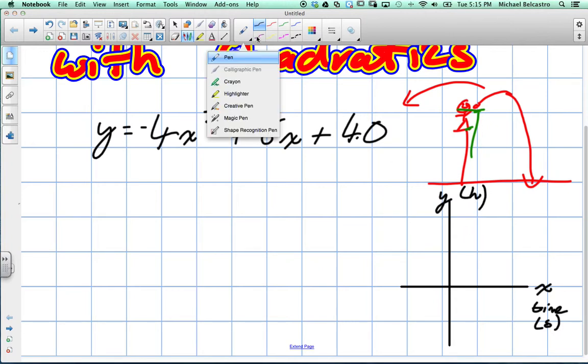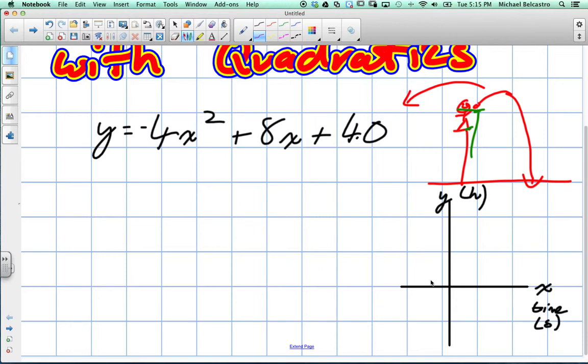Now, the ball will be thrown at what time? 0. When we're at 0, that's when the ball will have been thrown. So the starting point is the height of the cliff, because that's when the ball is originally thrown.